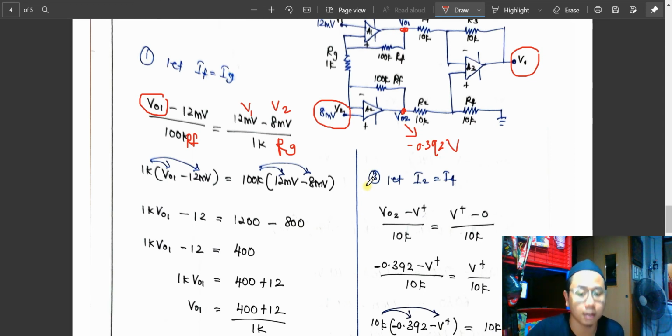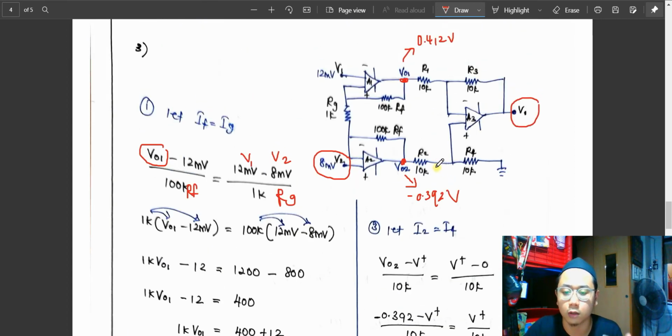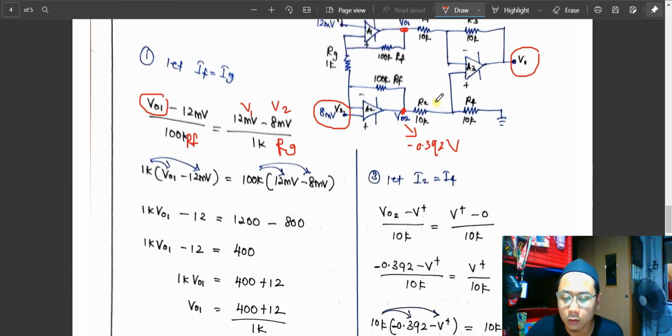What is the third step in this equation? The third step is let I2 equal I4. So let's see where I2 and I4 are. I2 is at R2 here and I4 is at R4 here. So the current flowing here is the same as the current at R4.